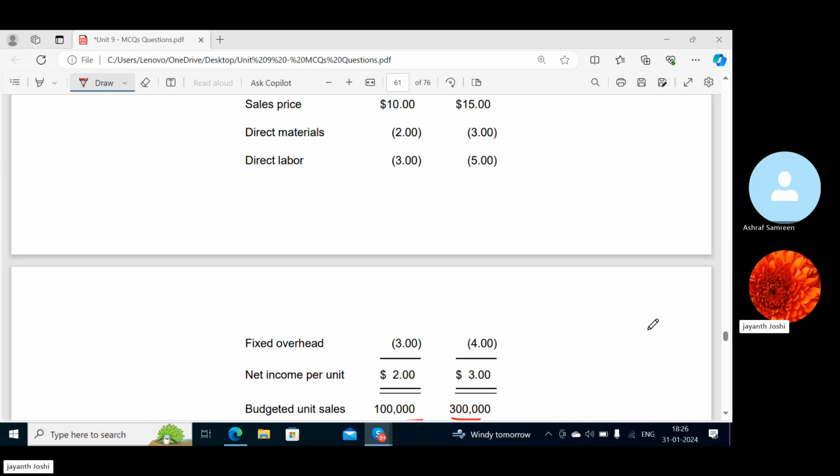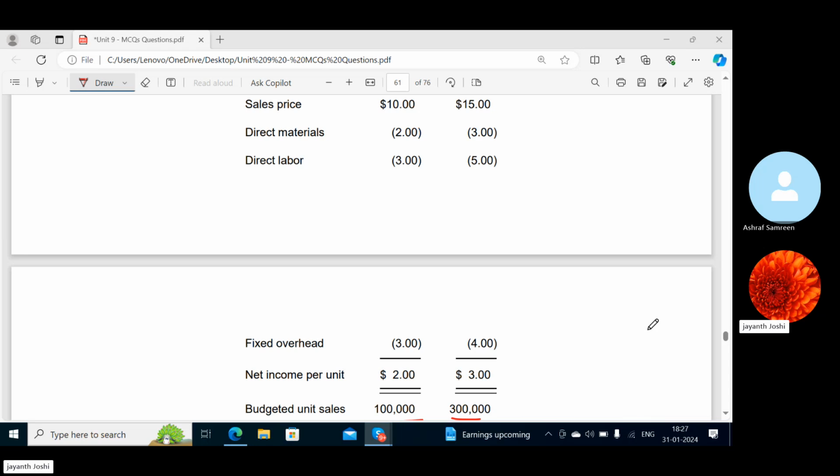What is the unit contribution margin? 6.5. No, just a second. Sales minus variable cost. 5. Fixed overhead also we have to take, or as a direct material and direct labor.